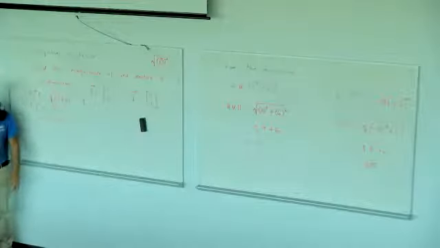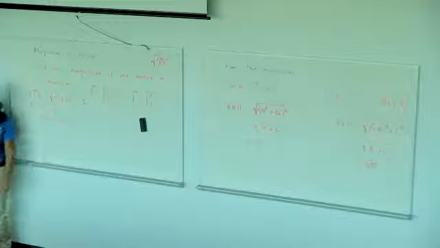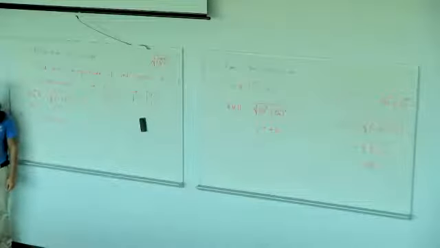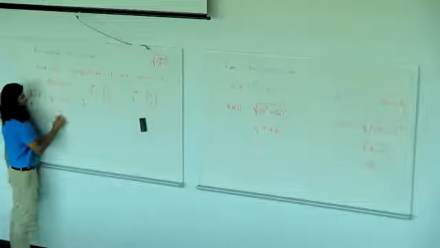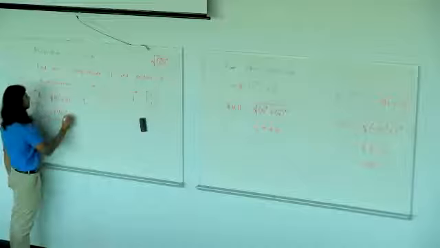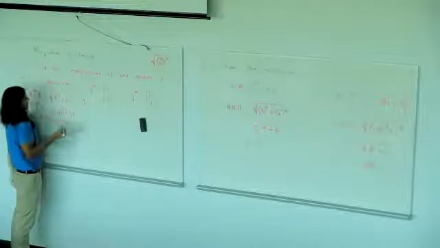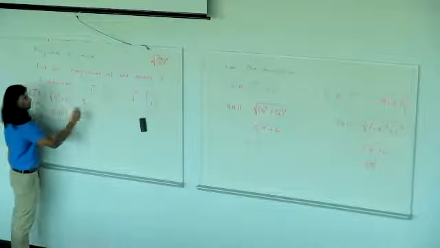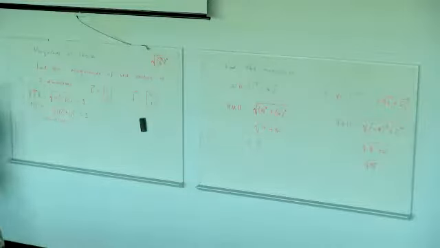What is the value of A for a J vector? 0. What is the value of B? 1. Square root of 1. I get 1. Good. This is what I meant by connecting the dots.